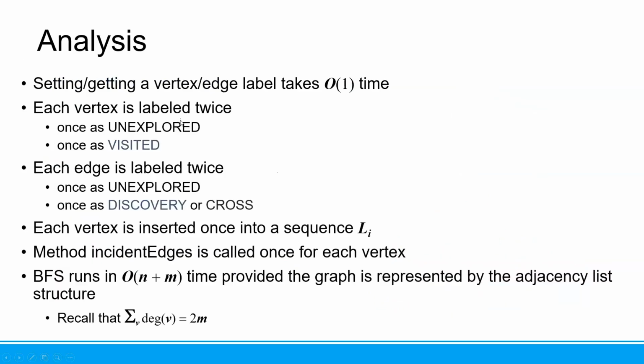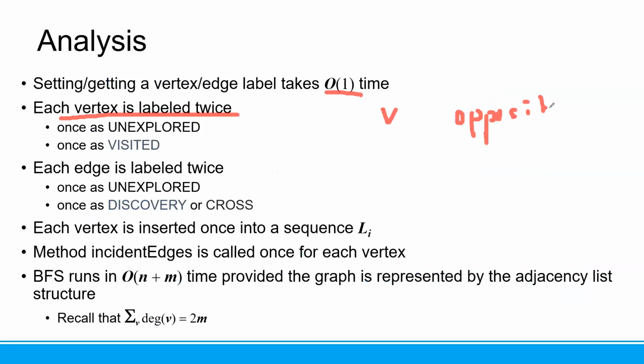So for the analysis of this, we are going to set the label of the vertex and edge at the first time. So it takes O(1) time, just setting the vertex and the edge as unexplored. And each vertex is labeled twice, because we have the vertex V, we visit V, and then we want to check the opposite.